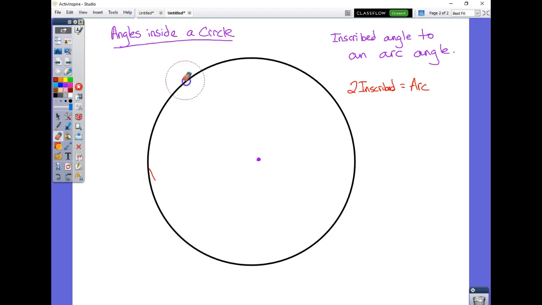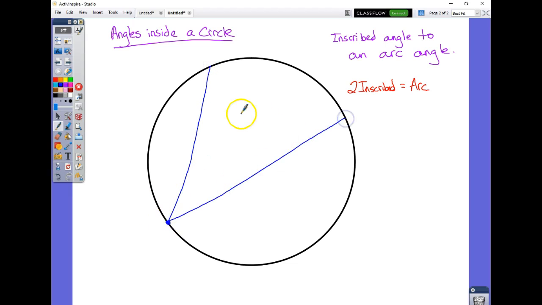What this means for us is that if I give you an inscribed set of angles, let me give you a few things here. So I could give you this blue inscribed angle here. I can give you this red inscribed angle like so. And I can give you this orange inscribed angle like this.